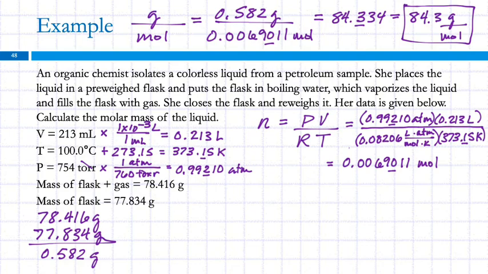Okay, 0.9921 times 0.313 times 0.08206 times 373.15. I end up with 9.5 moles, which doesn't seem like a horrible number. But if I plug 9.5 moles into my equation up there, 0.582 divided by 9.5, I get a molar mass of 0.06. Is that possible? No.